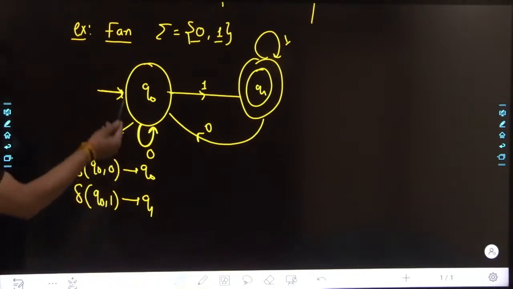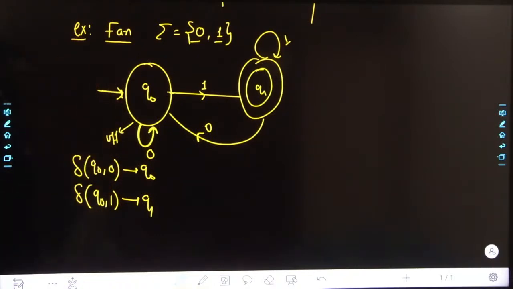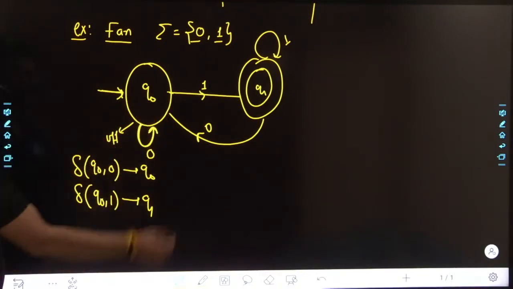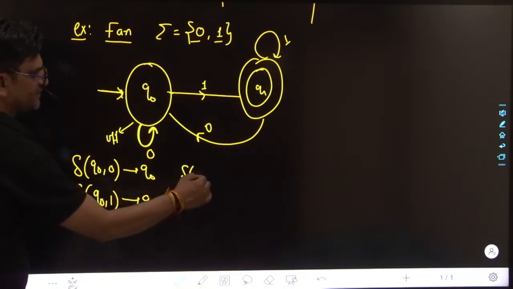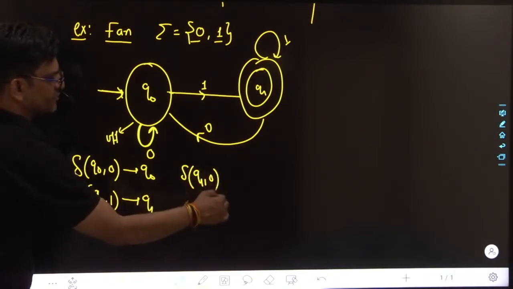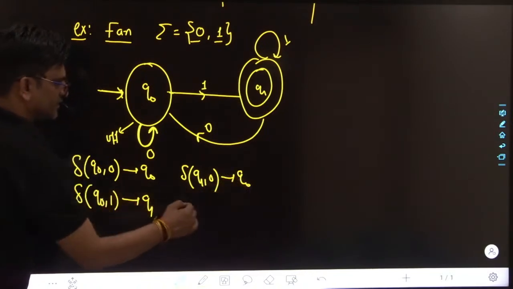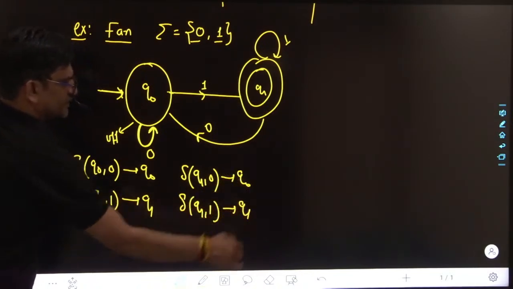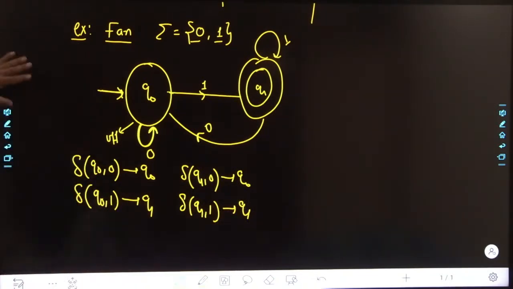Each and every state has exactly one transition on every input symbol. Q naught has exactly one transition for 0 and exactly one for 1. Q1 on 0 goes to Q naught, Q1 on 1 goes to Q1. So this is an example of DFA.